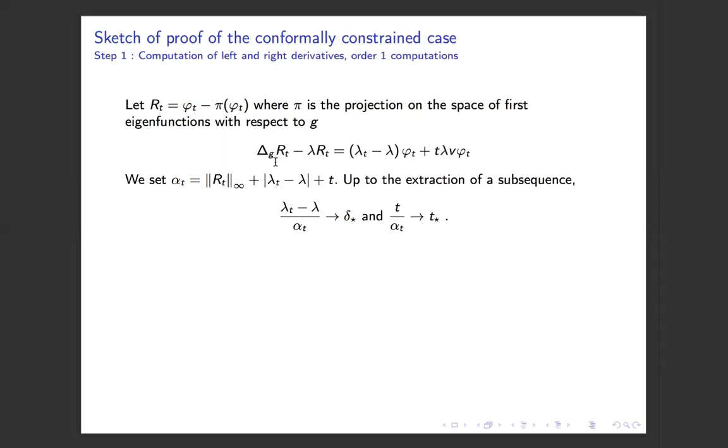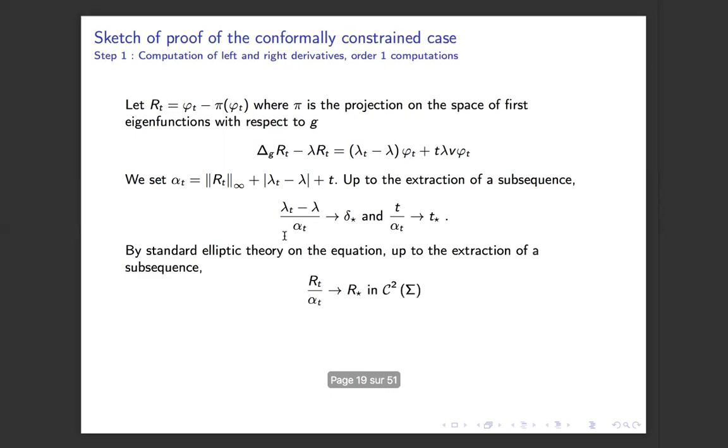And dividing by alpha_t, it is clear that up to the extraction of a subsequence as t goes to 0, this quantity converges to something, and this quantity converges to something. So this thing is somewhat the variation of the first eigenvalue. And by standard elliptic theory, if we divide the equation by alpha_t, then we find that R_t divided by alpha_t converges in any function space, for instance in C2, to some function R star.